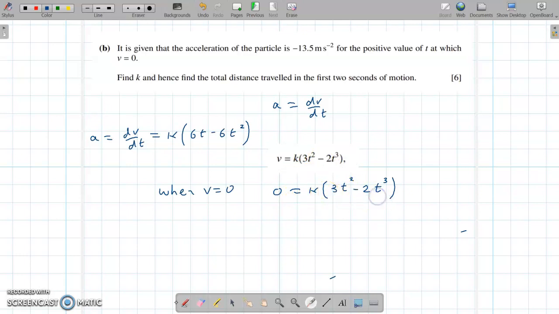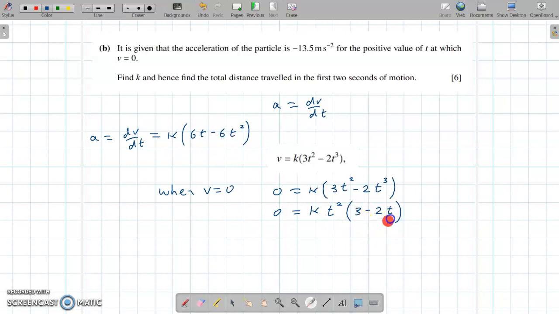Let's factorise this. We can take out t squared, leaving 3 minus 2t. For this to be 0, it will happen when t is 0, because 0 times anything is 0, but we know that already, we know it starts from rest.